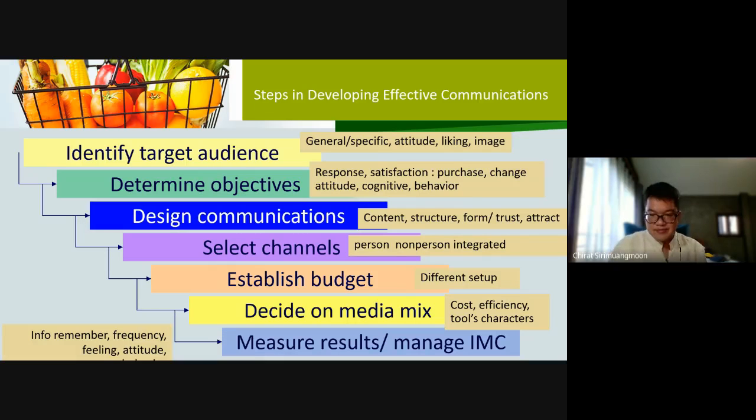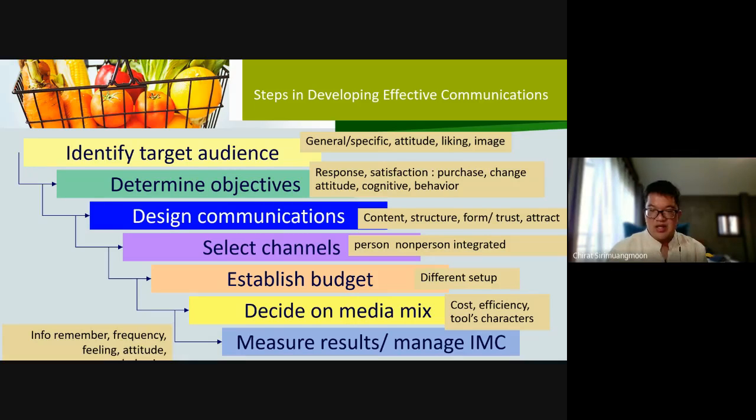Last one. After you plan from step one, two, three, four, five, six, this is the last thing you should be concerned about. You should concern yourself with measuring the result, or try to apply integrated marketing communication, because if you do something, you need to make sure that the result is good enough for the effort that you pay, or not.